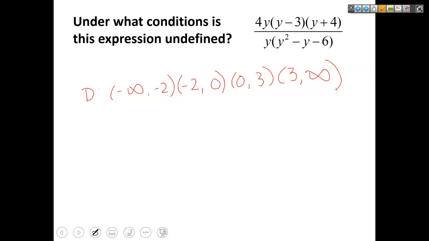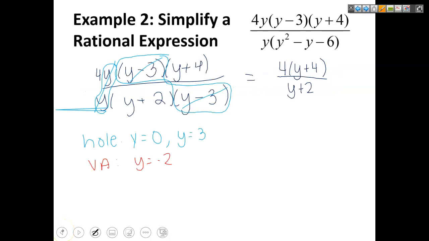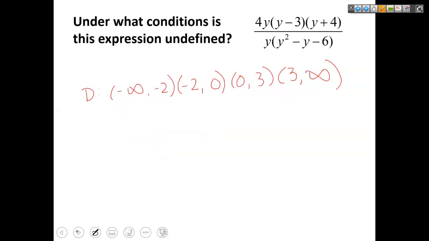What's happening are the holes and the vertical asymptotes. A vertical asymptote is where your graph has a little dashed line straight up and down.